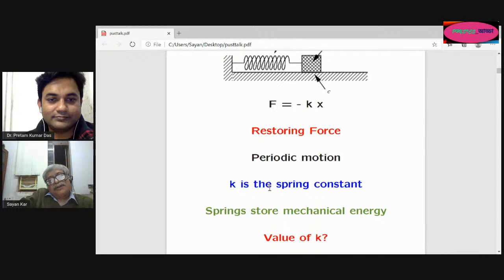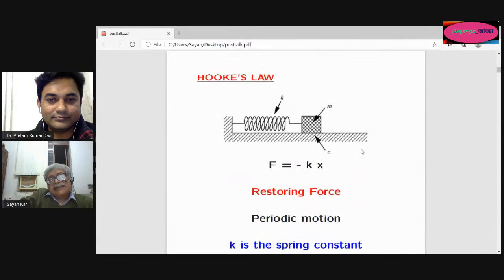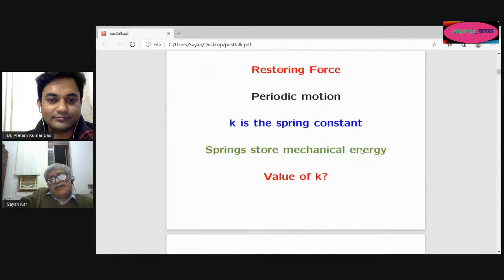And we know that mechanical energy is stored in the springs. But the question that we ask now, which is important for us for the next few slides, is what is the value of K, or how do you find out the value of K?